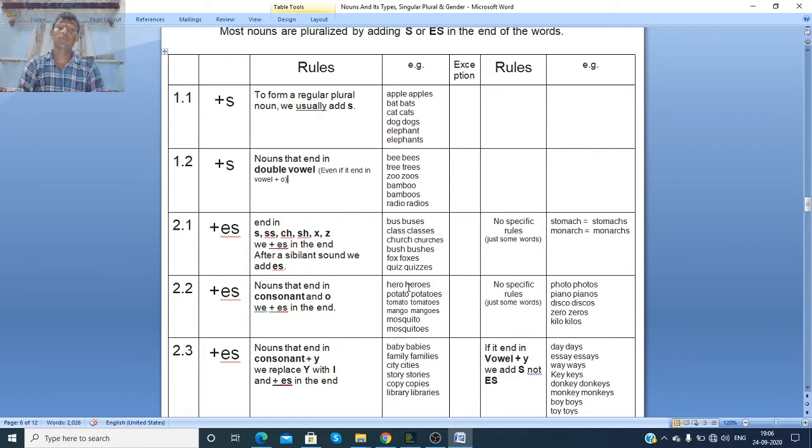To form a plural noun, we usually add s. That is number 1.1. And number 1.2 is nouns that end in a double vowel, like bee will become bees, tree will become trees, zoo will become zoos, bamboo will become bamboos, radio will become radios.